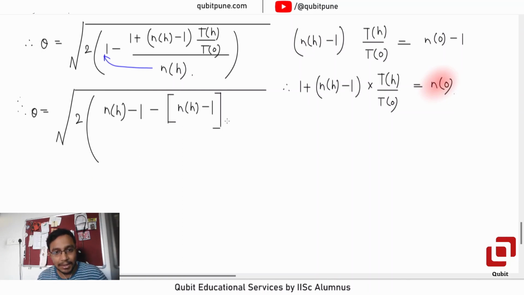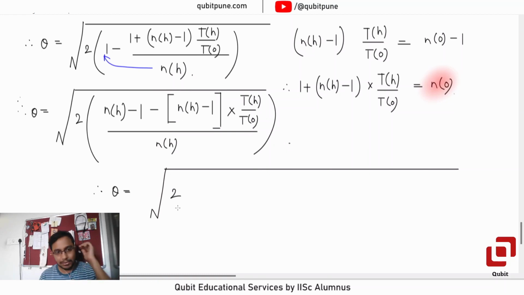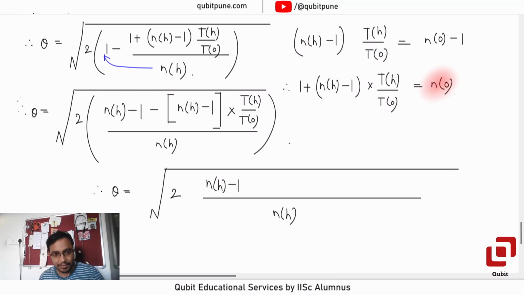Now we can take nh minus 1 common from the numerator, from this term and this one.